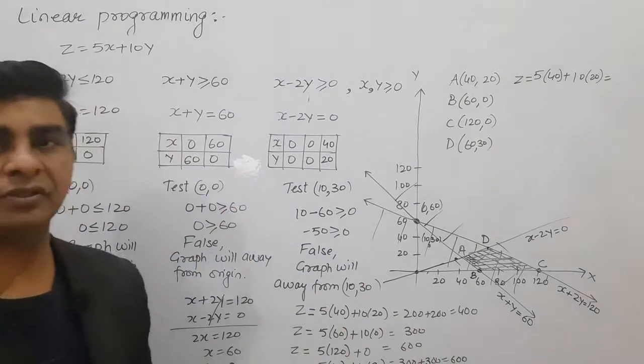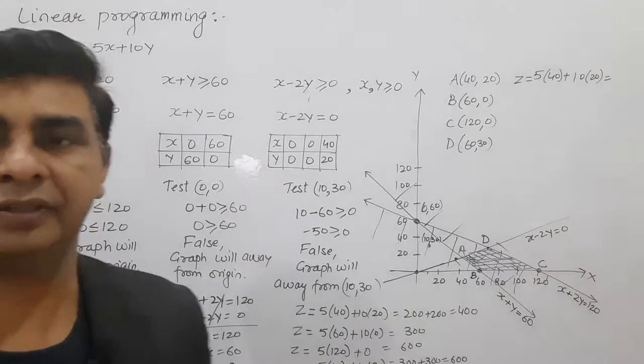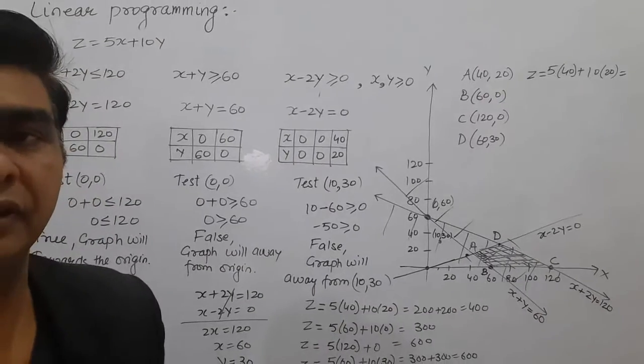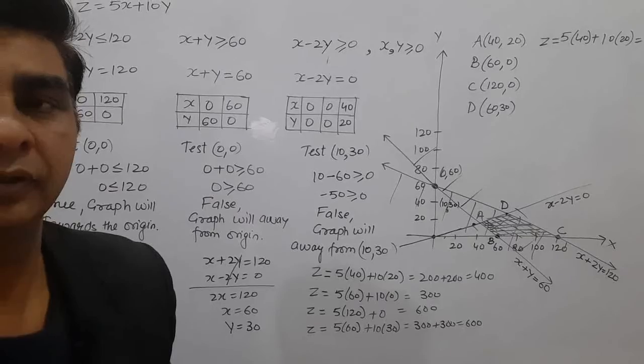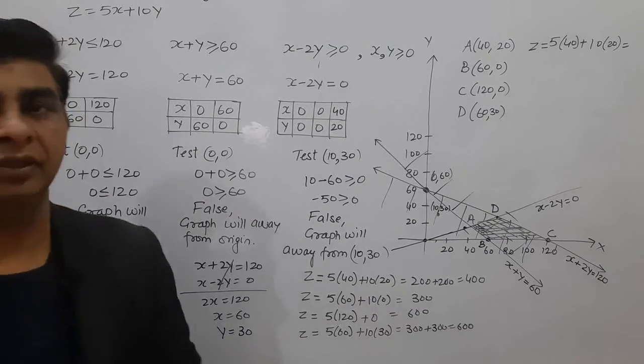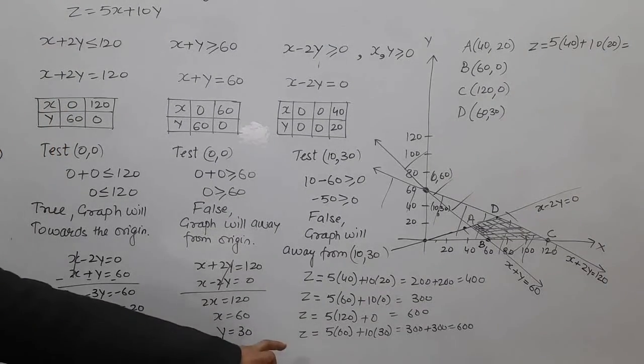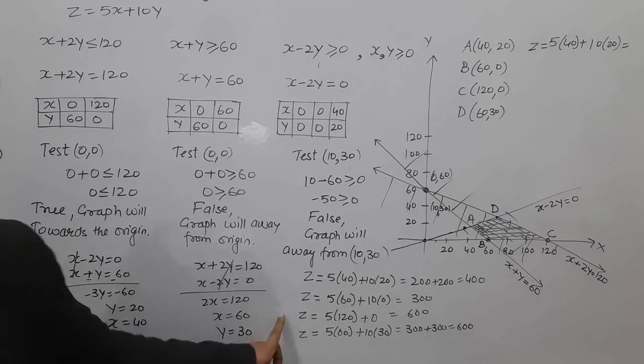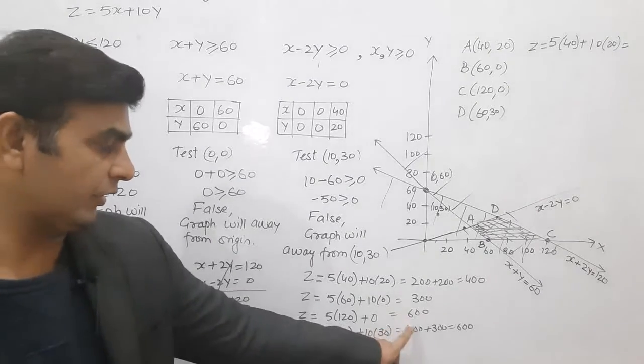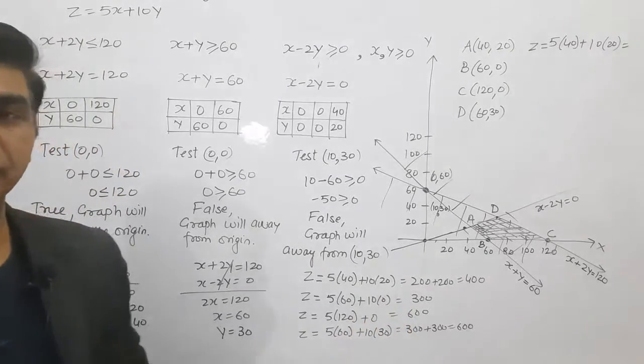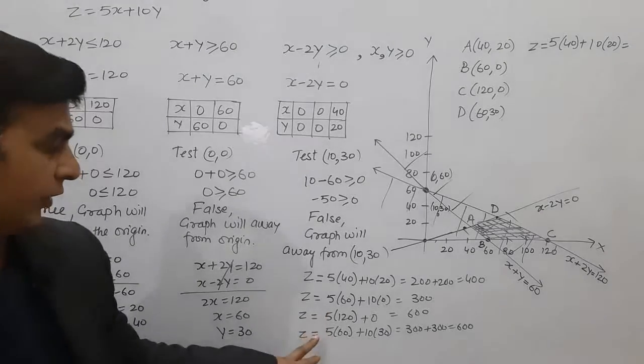My dear students, you can see, you can check. Z is your having 600 and 600 both two values at the different 2 points.